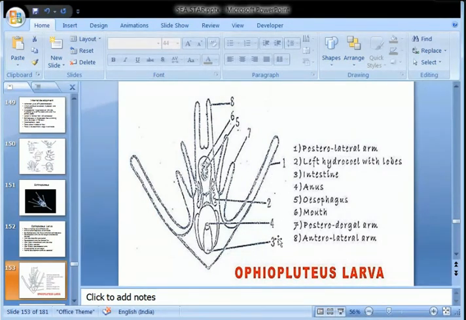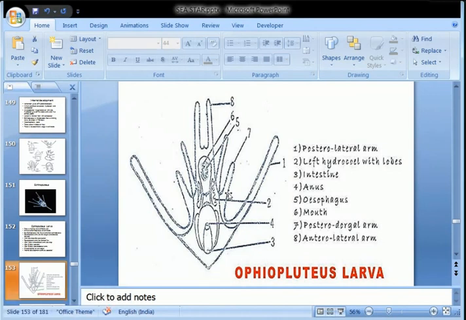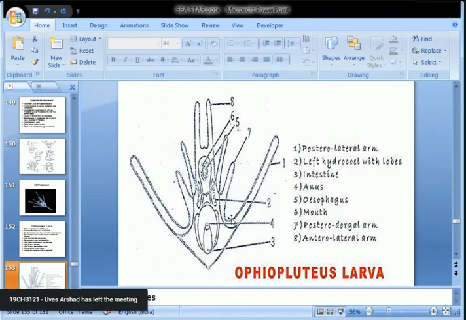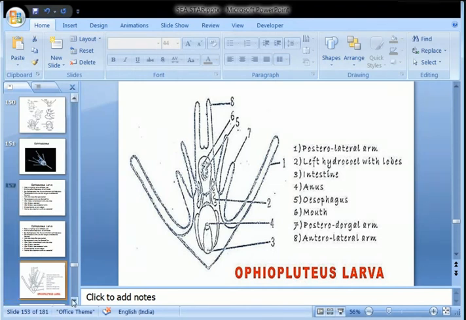Then we have posterodorsal arms, anterolateral arms here, and this is the primitive larval gut here. And number two is the left hydrocoel with lobes. We know what hydrocoel is. This is a part of coelom. So this is the Ophiopluteus larva.